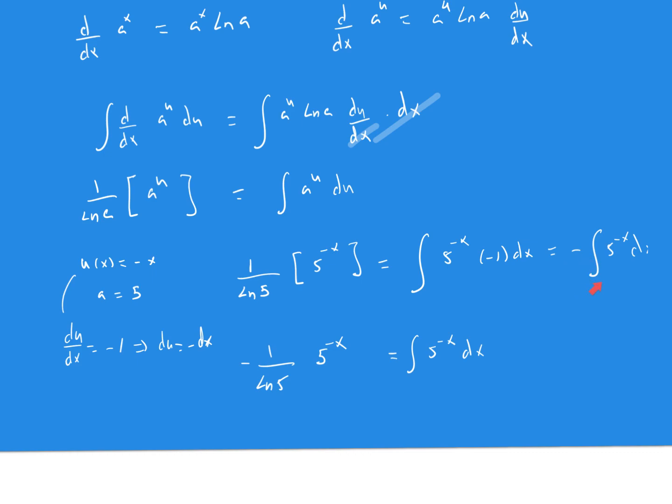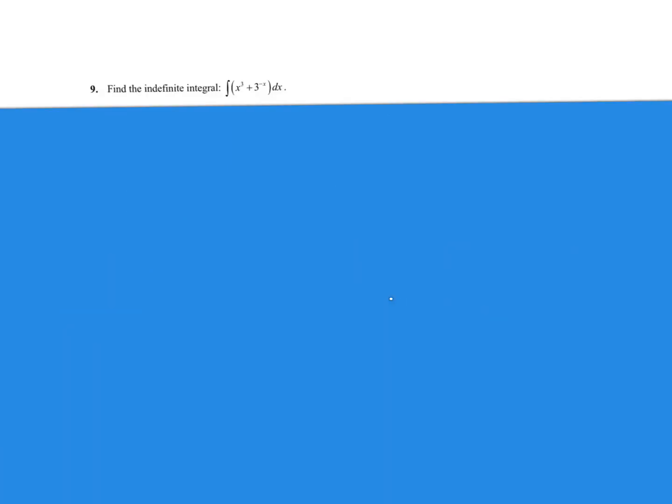So the integral of 5 to the minus x dx will be, the minus sign will go to the other side, minus 1 divided by the natural log of 5, times 5 raised to the minus x, and this is the integral. And there is something that I have to add because it's an indefinite integral, plus c. So the result will be this one.